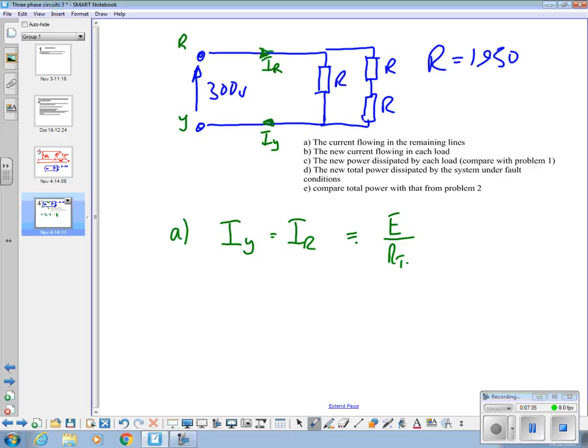How are we going to find RT? Tom, take us through what you've got then. Oh, I see. So you split it, have you? So what we'd have to do there is put that like that, wouldn't we?